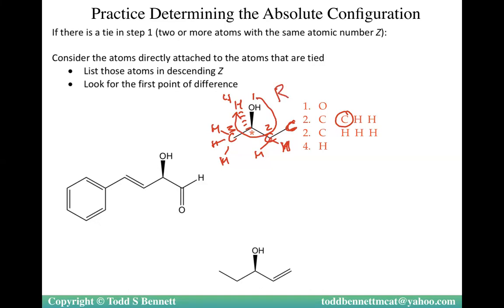Okay, next on the agenda, we have the next compound down. Priorities, or the constituents, are OH for 1, a carbon that is part of a carbonyl or an aldehyde group 2, we have an alkene, but we also have a hydrogen that I need to write in again.